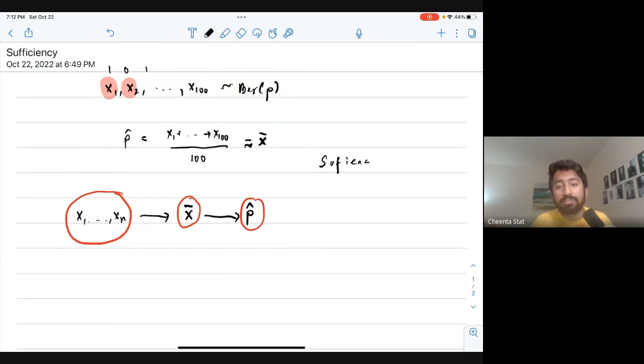You can see that once I write this, if a person writes this instead of this, maybe the closest word is sufficiency. That's why people use smaller, data-compressed messages in WhatsApp or whatever you use. So sufficiency is nothing but data compression to the point that we are only interested in the parameter P.